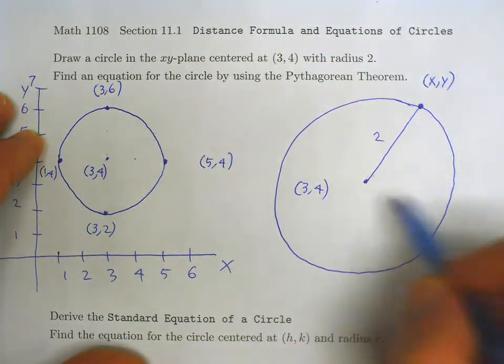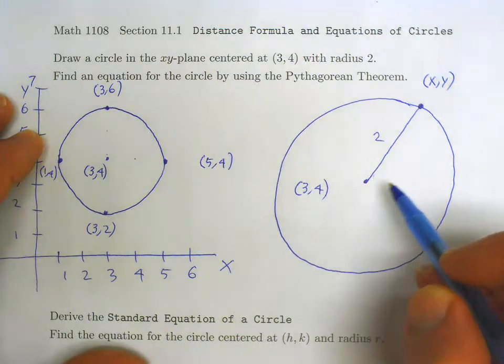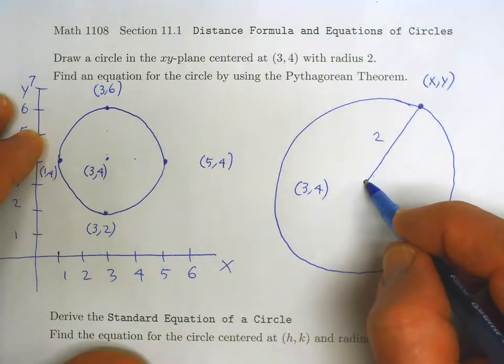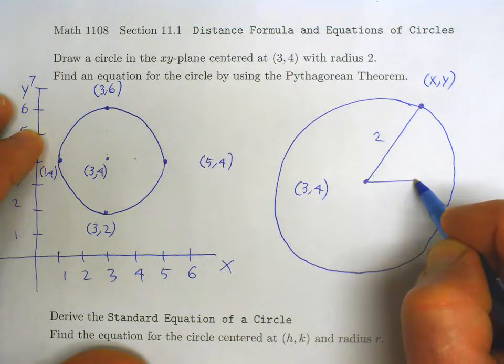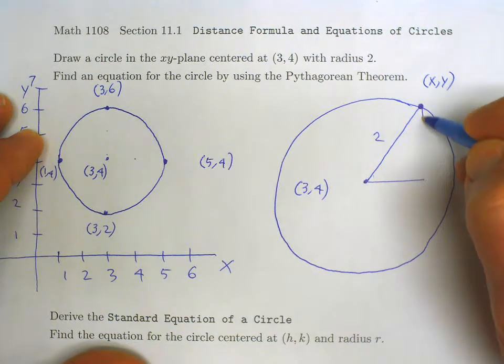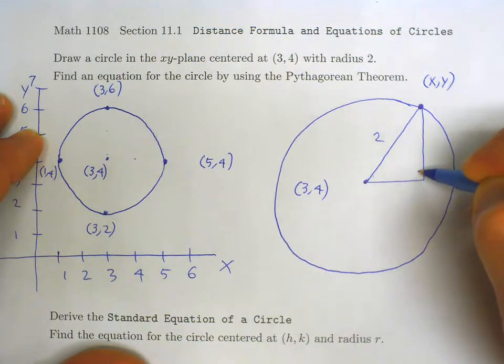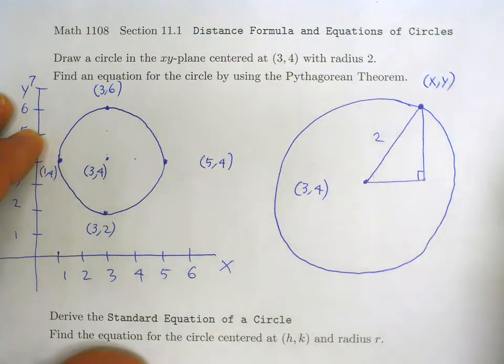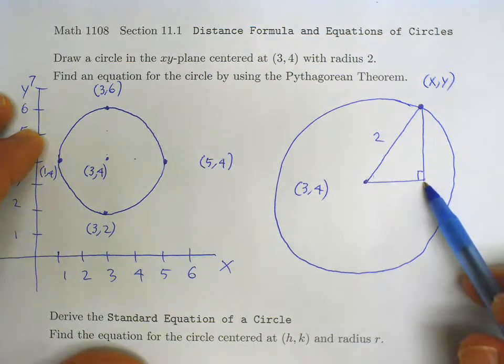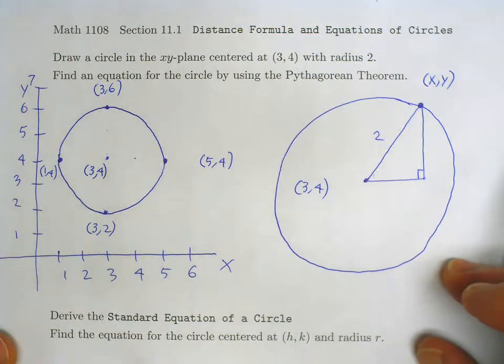Okay, then we're going to finish constructing a right triangle by connecting horizontal and vertical line segments that intersect at a single point and form a right angle.